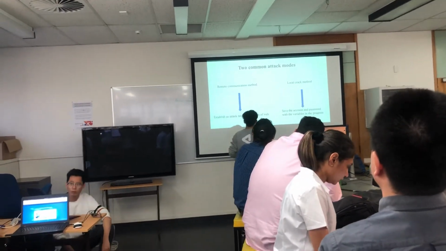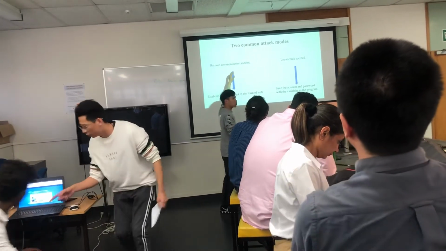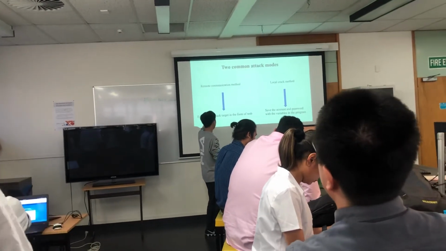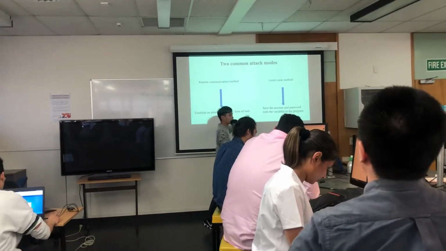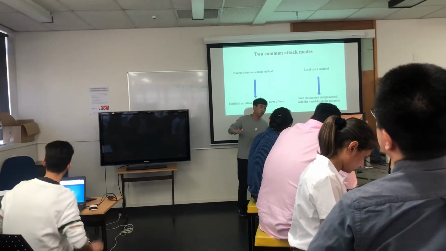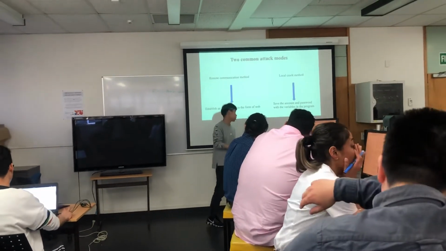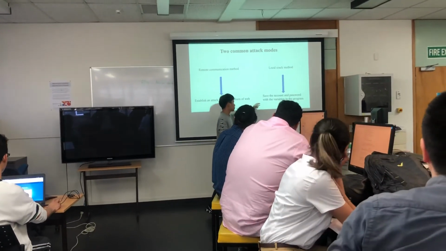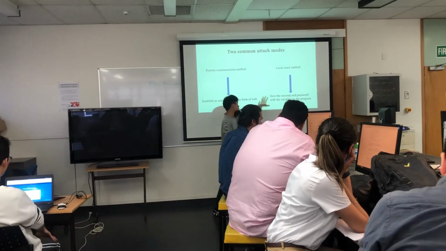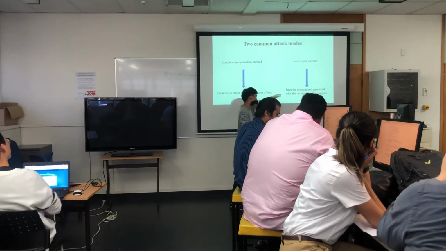The first is called remote communication mode, and the second is called local creation mode. Today we use remote communication mode, which establishes an attack target in the form of the web. For example, Facebook and Google have a login page where you need to enter your account and password. The second is saving the account and password in variables in the program. Both can be attacked using a dictionary.